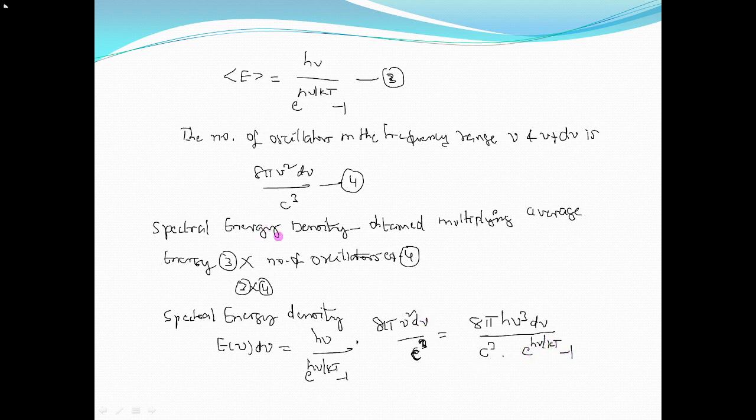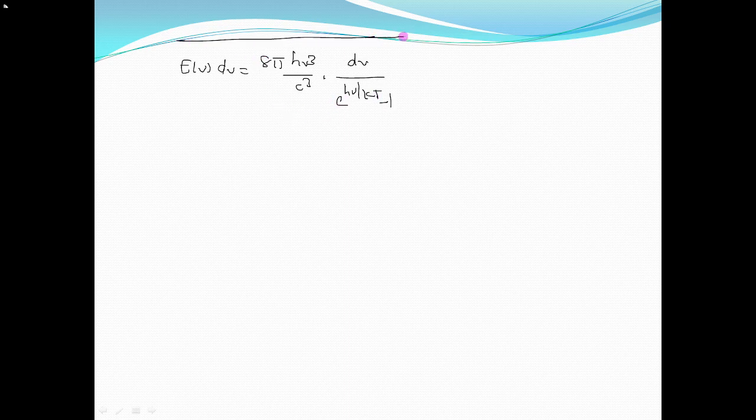So I'll write this as E nu d nu is equal to 8 pi h nu cube by c cube into d nu by e power h nu by kT minus 1. This is the expression for spectral energy density, equation number 5.